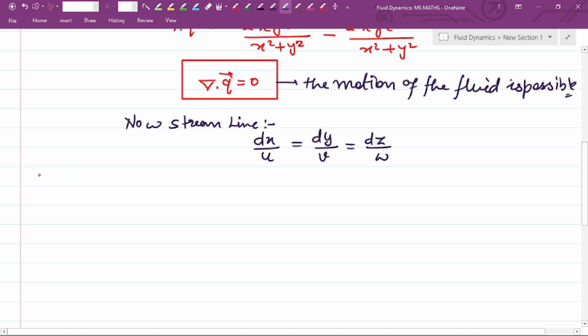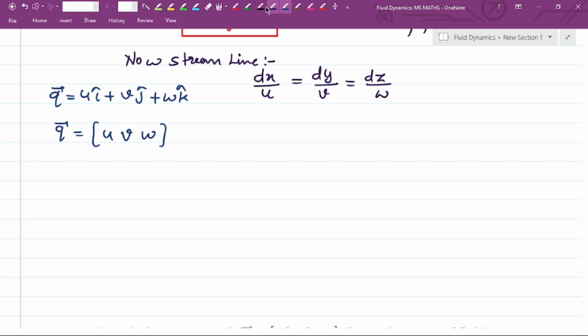In this case, if you have u, v, w, it means it will be u i cap plus v j cap plus w k cap. It means q vector is nothing but u, v, w. These are the velocity components.